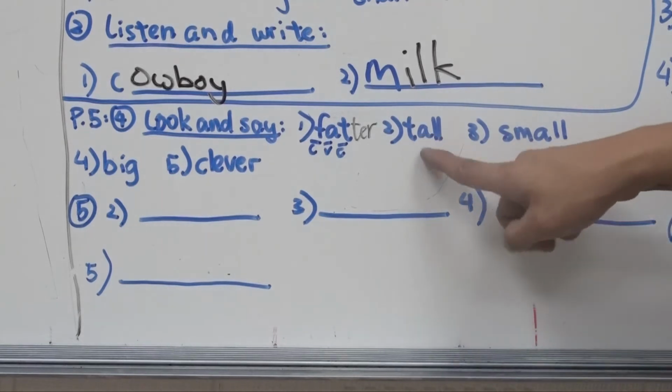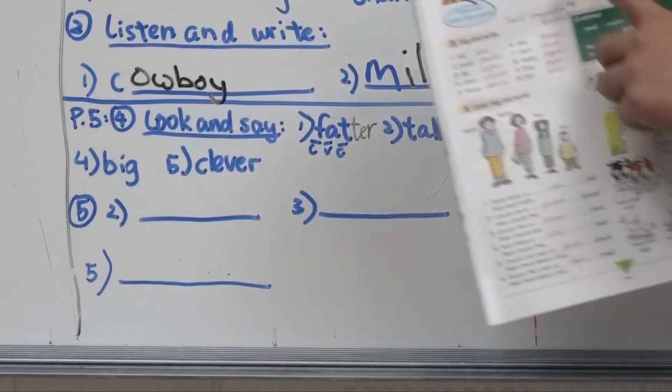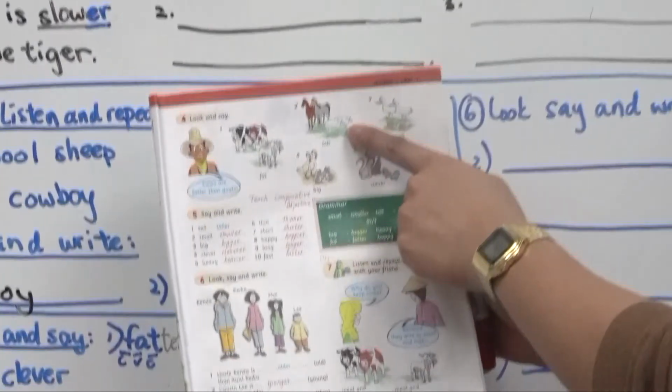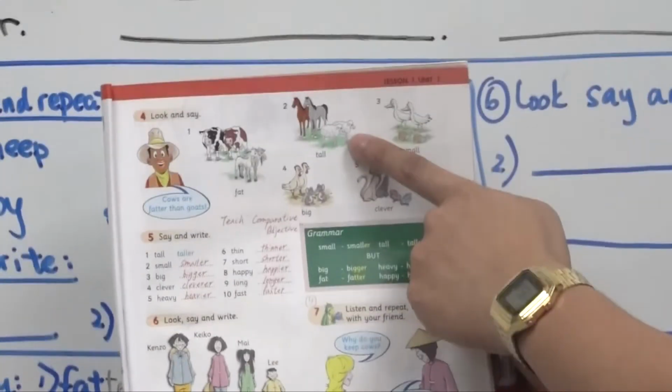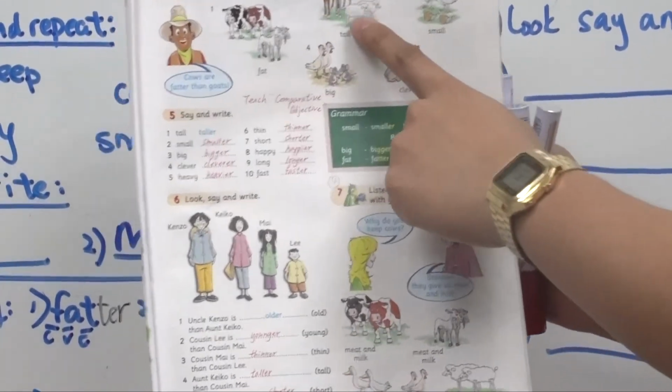Now let's go to picture 2. The word is tall. Now we have 4 animals: 2 horses and 2 sheep.